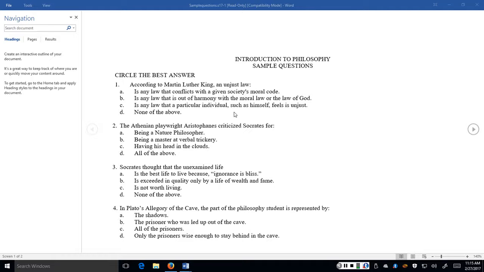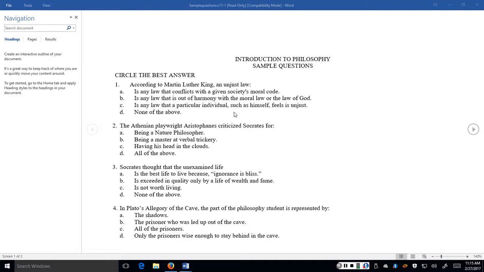Yes, he did. Circle A, move on. And you don't read the other options. Even if you're sure it's A, read the other options and make sure it isn't all the above, because it may be A, but also B and C. So you want to look at all the options.